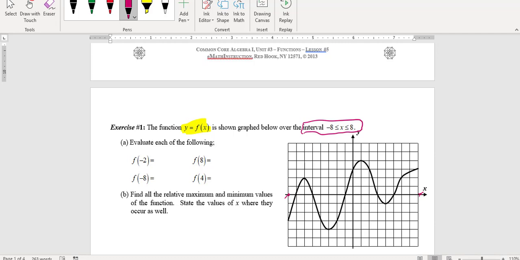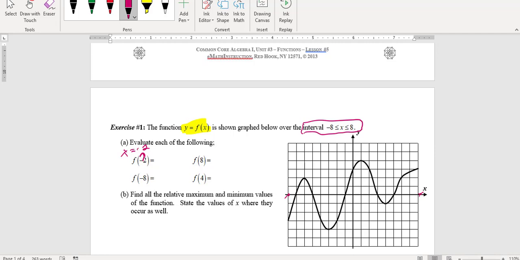Now it says evaluate each of the following. It wants us to evaluate first f of -2. This says that x is -2. If they're telling us that x is -2, what must they be asking for? What we don't know is the y value.